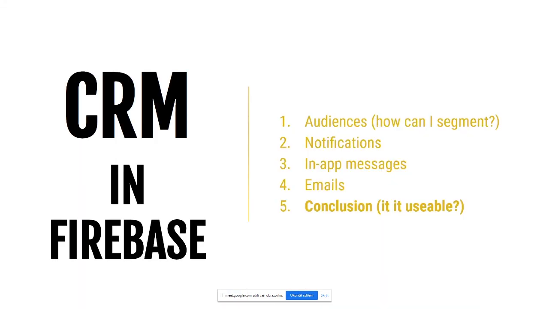Yep. So there are basically three main areas of CRM which are currently possible to do in Firebase, and the conclusion is, is it usable? I think yes for some purposes, but what's currently hard to do is to target specific users based on specific actions. It's all about audiences.